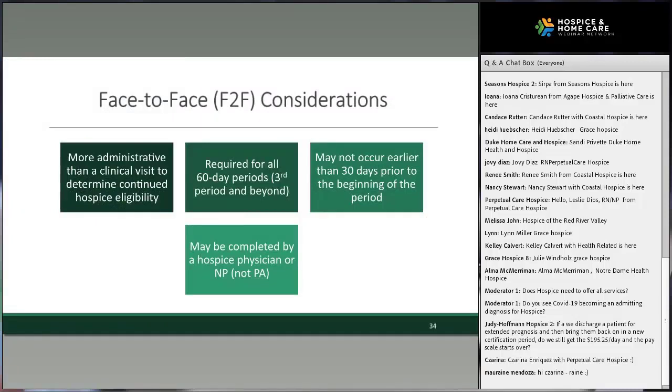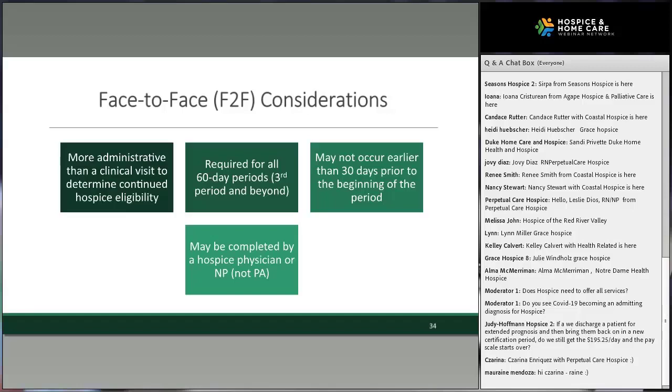When I'm talking about a face-to-face, I just wanted to go over this a little bit too, because depending where we are in the certification process for eligibility, a face-to-face is required. So here are some considerations around the face-to-face. This is actually more of an administrative function.